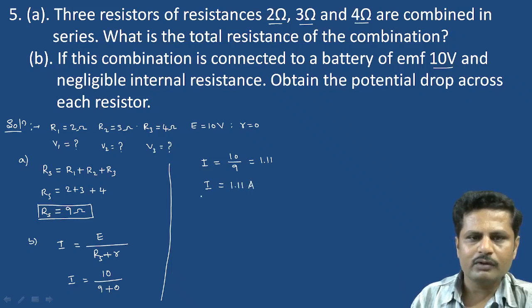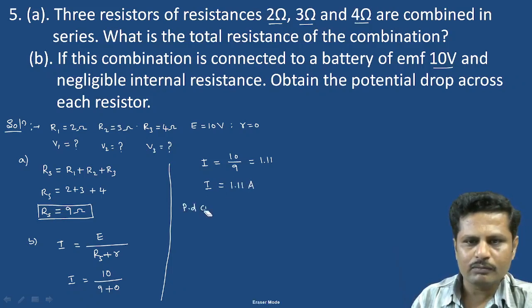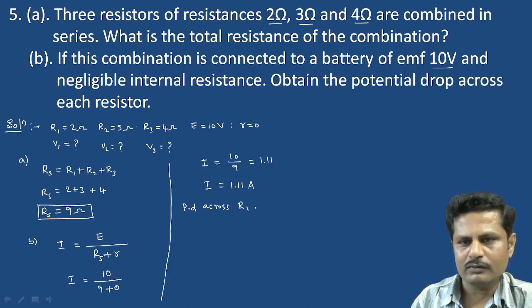ampere. Now the potential drop across each resistor. Let me write the potential drop across R1 or resistor 1, that is V1 equals I R1. So this can be written as I is 1.11 into R1 equals 2. So V1 is equal to 2.22 volt.